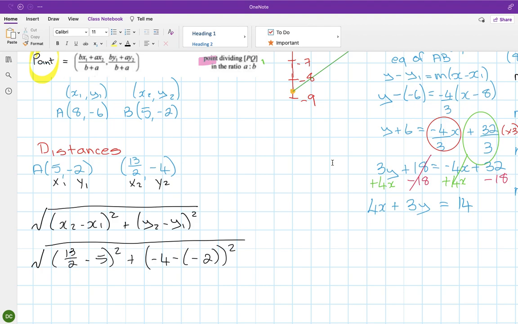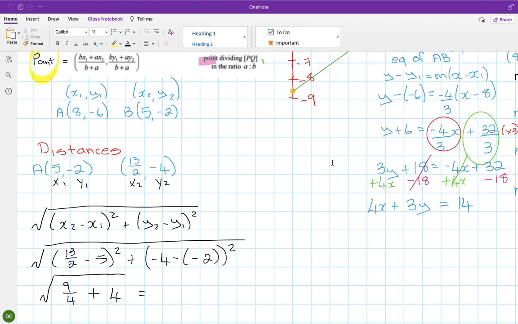So 13 over 2 minus 5 equals that, squared equals 9 over 4 for the first one. And then the second one is minus 4 plus 2. Minus 4 plus 2 is minus 2, squared is 4.